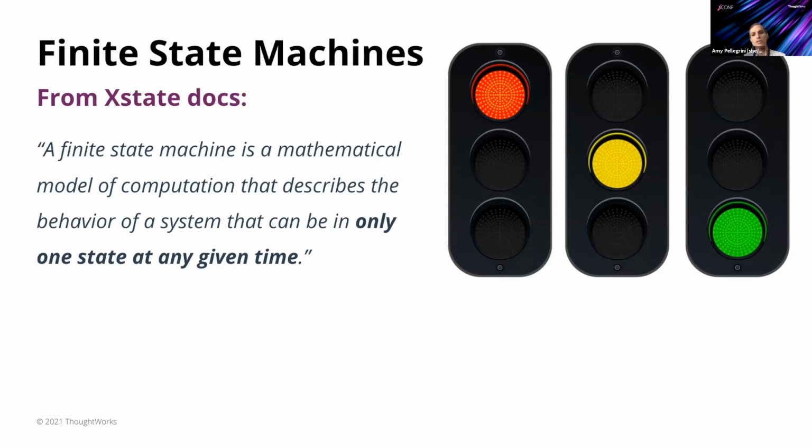So basically what XState does is bring the concept of state machines to front-end development, which is something that we haven't done before. And just to give a quick overview, a finite state machine, as defined in the XState docs, is a mathematical model of computation that describes the behavior of a system that can be in only one state at any given time. So the classic example is the traffic lights.